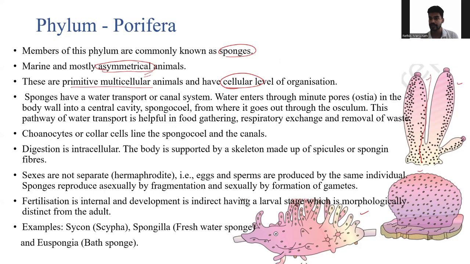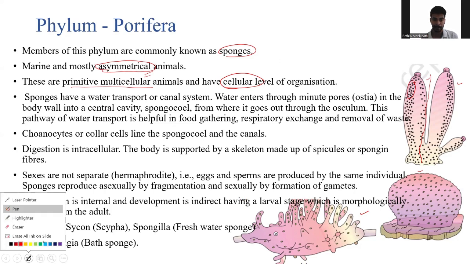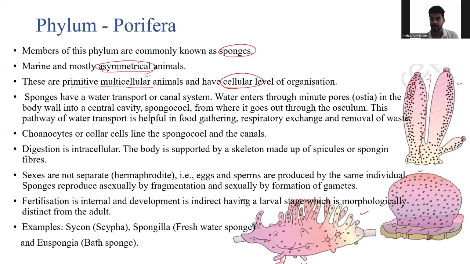The major thing you can see is minute pores, which we normally call ostia, found on the surface of the body wall.